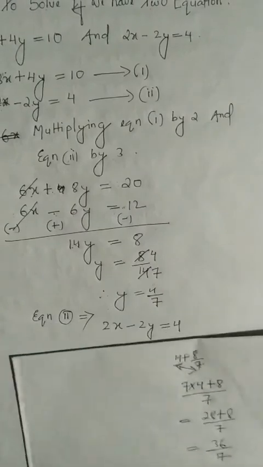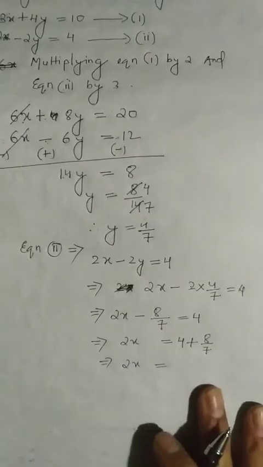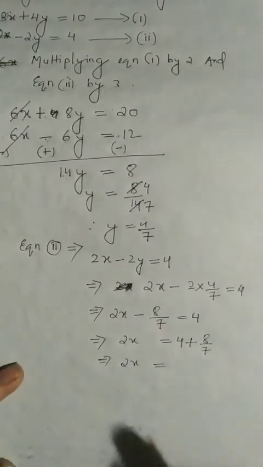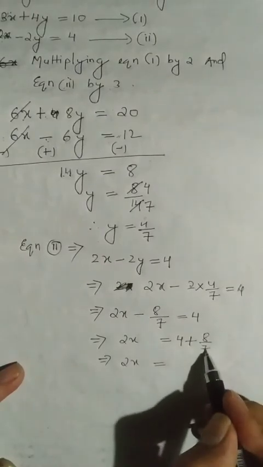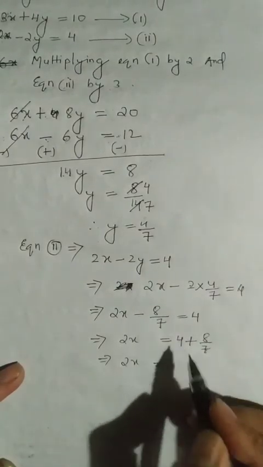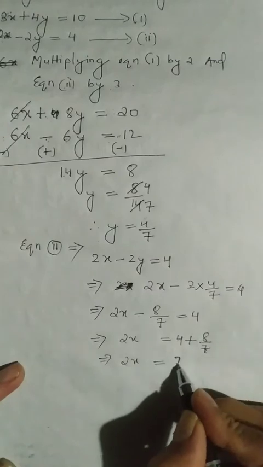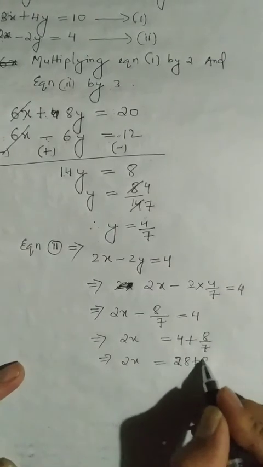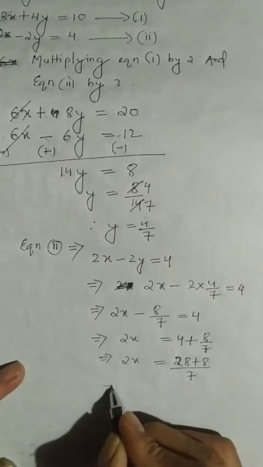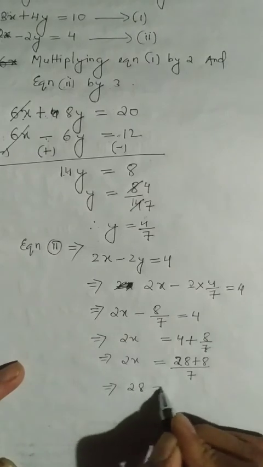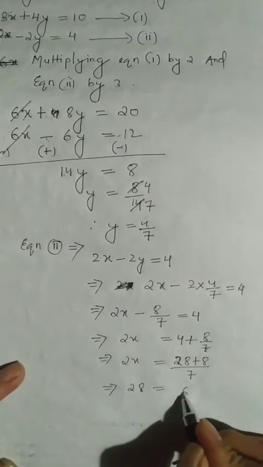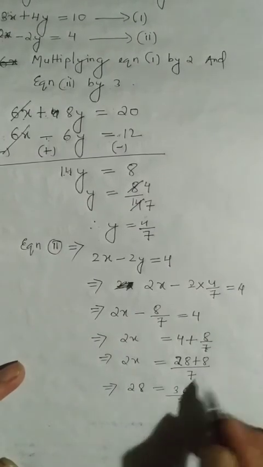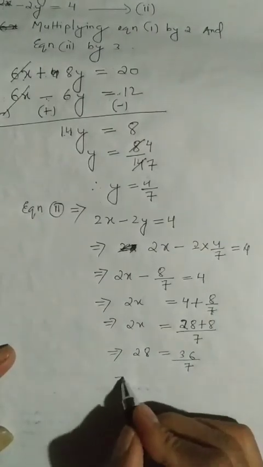So now I have solved that already, so I'll do it directly. 7 times 4 is 28 plus 8 by 7. Implies 2x is equal to 36 by 7. 28 plus 8 is 36.